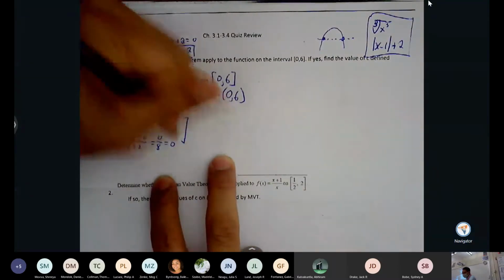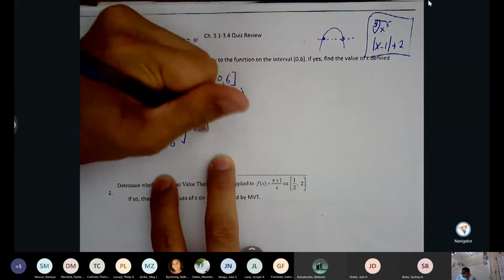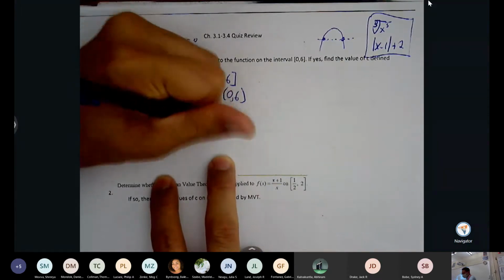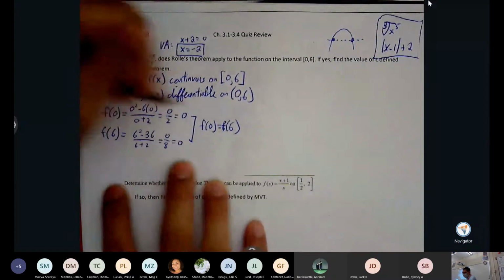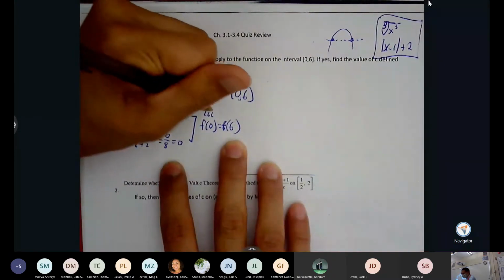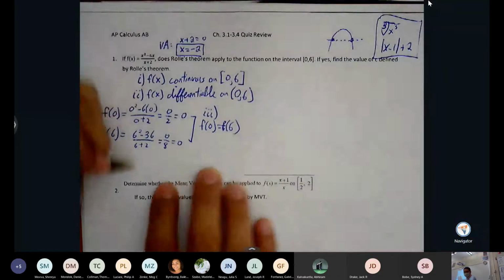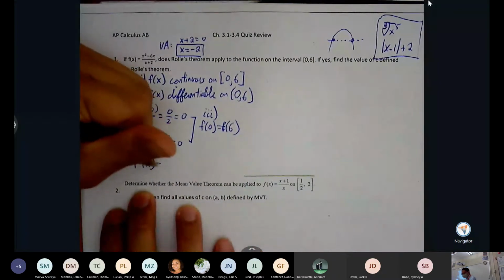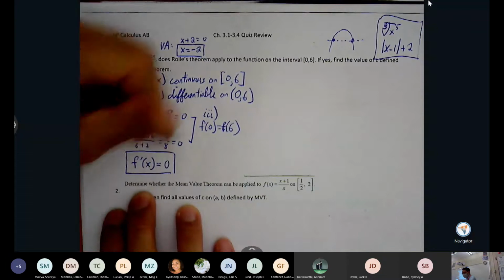These are both the same value. So f of 0 is equal to f of 6. And therefore, all 3 conditions pass. Therefore, we know that for sure there must be a slope of 0, and that's what Rolle's theorem is going to guarantee for us.